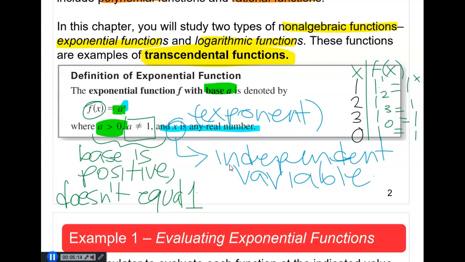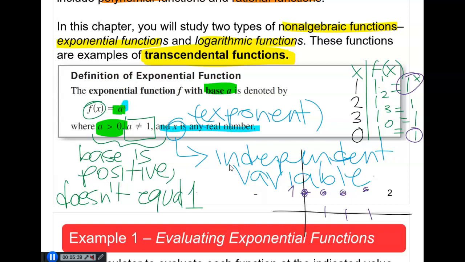And so it would still be a function. It will just happen to be a constant function where the only y value occurs at 1. So if x is 0, the y value is 1. If x is 1, the y value is 1. And that will be the case for all the other x values.